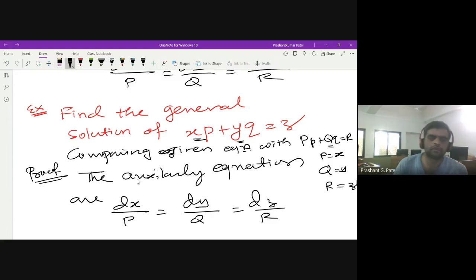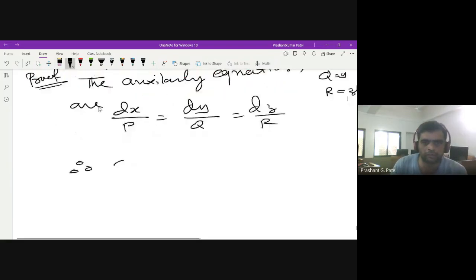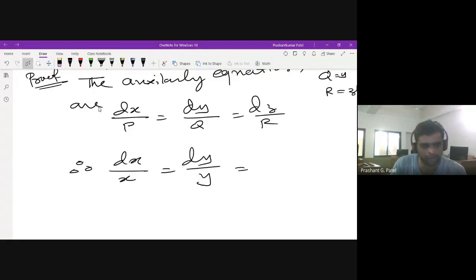We'll substitute those values of P, Q, R here. So therefore we have dx upon x equal to dy upon y equal to dz upon z.